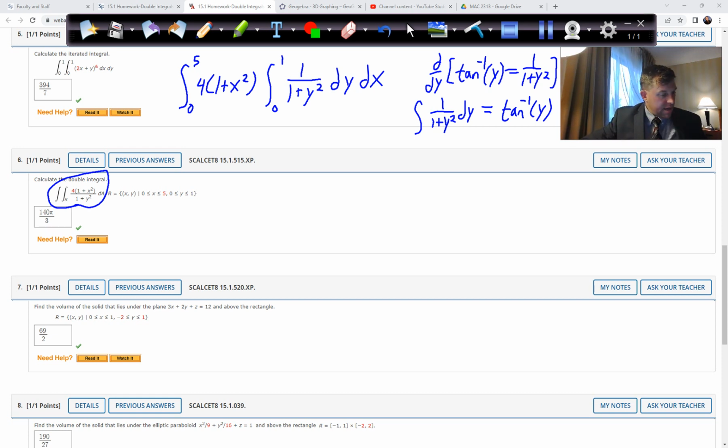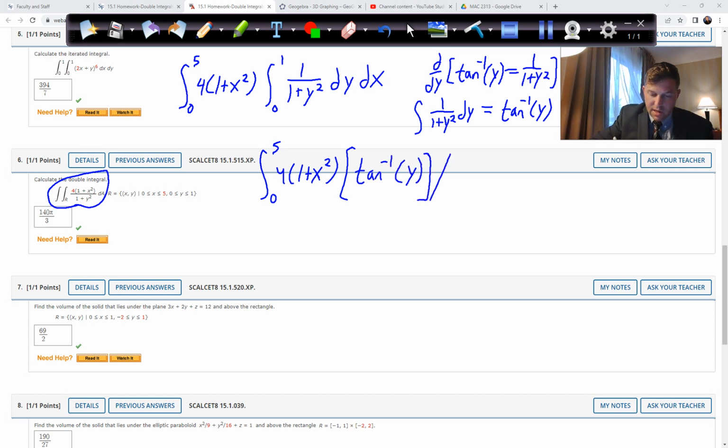So we're going to get the outer derivative stays like it is, 4 over 1 plus x squared, and this whole thing becomes times the arctangent of y evaluated from 0 to 1, and then we have the dx.